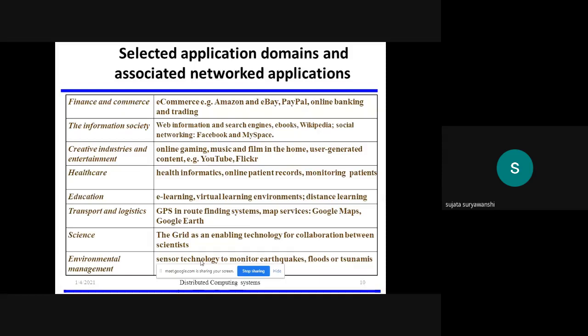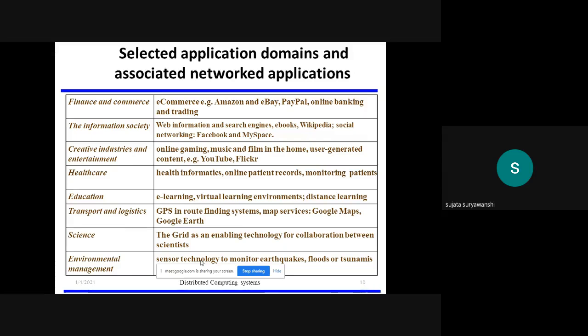The data is actually stored at the server level, and any system can access the data from the server itself. The creative industries and entertainment means all the industries have their own network: online games, music and films in the home. YouTube and Flickr are examples of this type of domain.